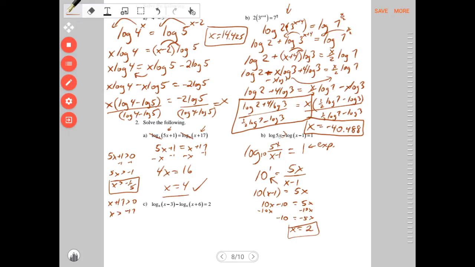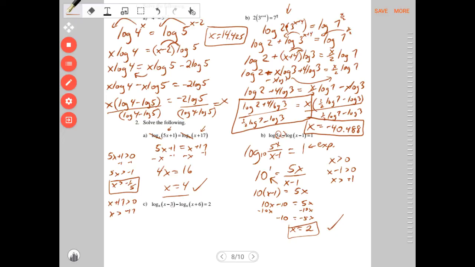Now in here, we can't be 0, so x has to be bigger than 0. And x minus 1 also has to be bigger than 0. So x has to be bigger than plus 1. Well, 2 is bigger than plus 1, so we are in the correct domain, so this is going to work just fine. Okay, the last one for this page.